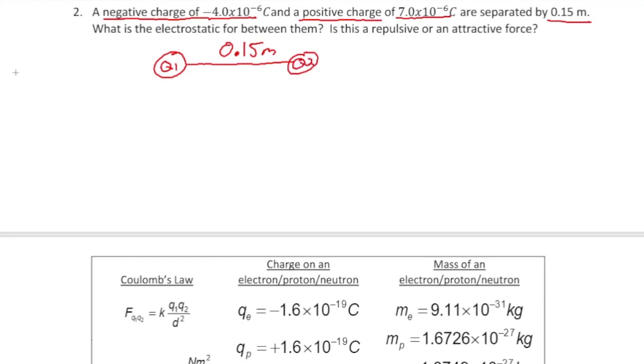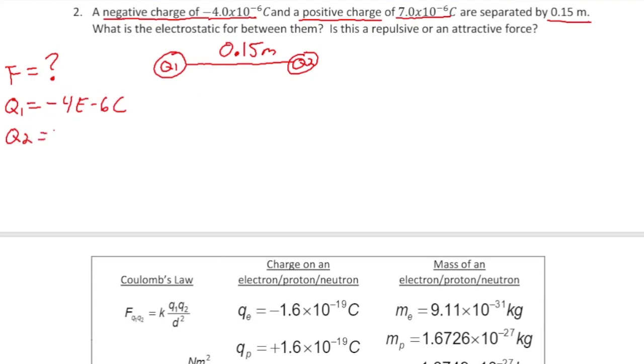Now let's go ahead and label what these charges are and what our variables are. First, I'm going to start with force. And in the problem, it's telling me what is the force. So that means that I don't know the force. Next, I have Q1, which is my first charge. And I'm just going to say that that's the first charge that they mention here. So that's -4 e to the -6 coulombs. Next, we'll do charge 2, and that's the second charge they mentioned.